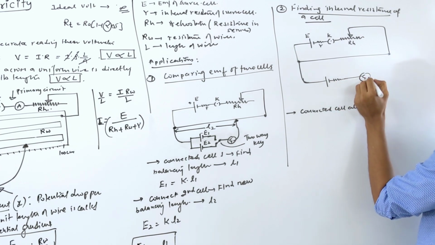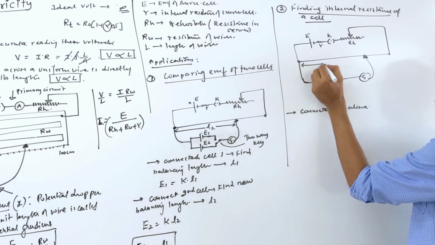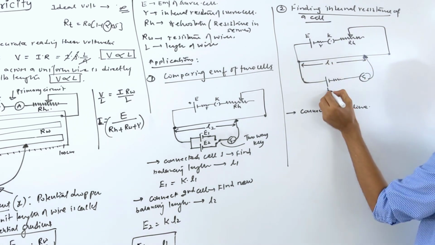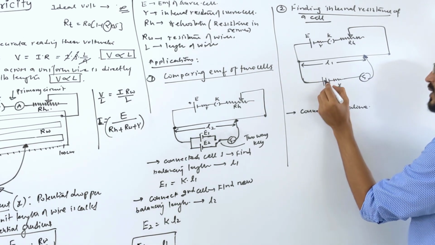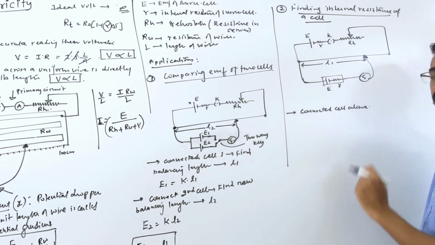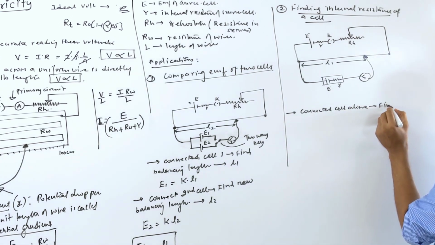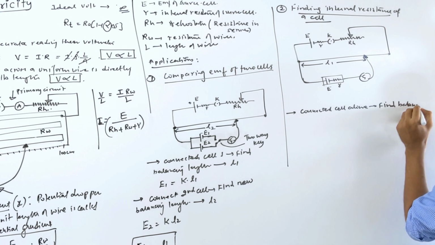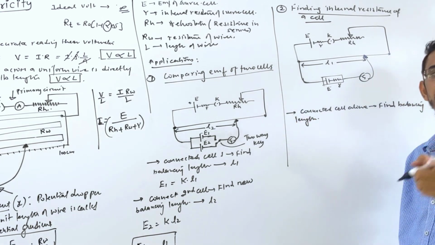This is your galvanometer, and you touch it here and find the balancing length. Suppose the balancing length was L1, EMF E, internal resistance r. So first step, you connect your cell alone to the galvanometer and find the balancing length.